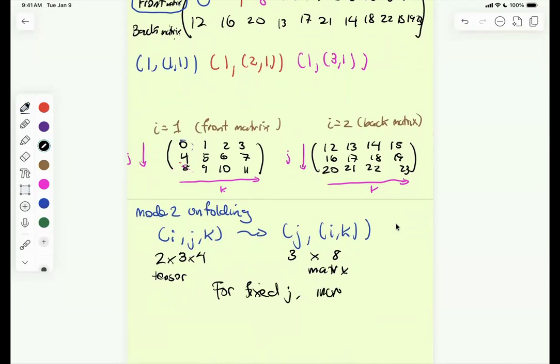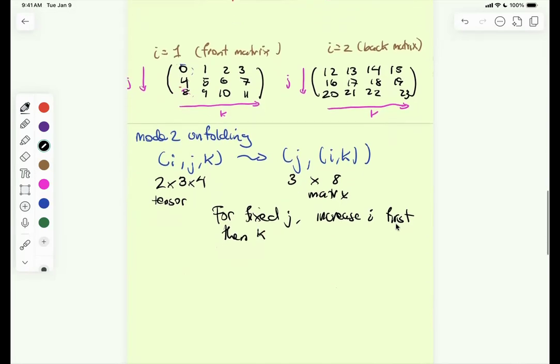So how does this look? It's supposed to look like a 3 times 8 matrix.